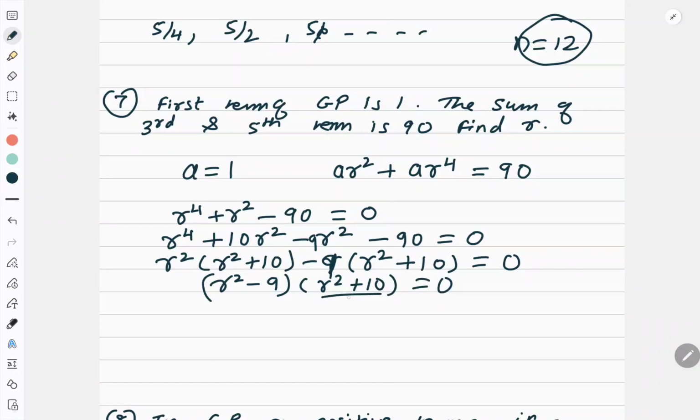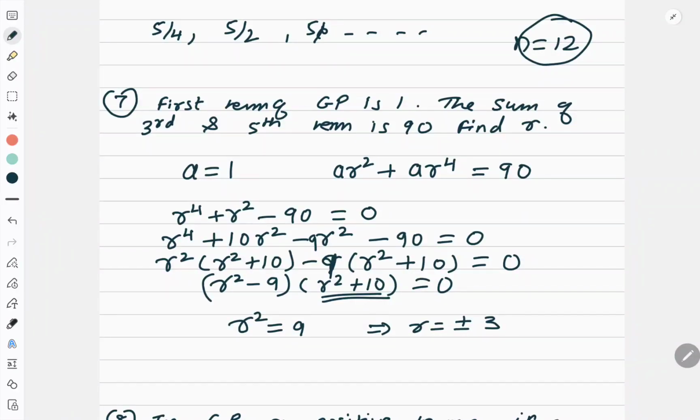Now clearly r square plus 10 cannot be 0, because this will give r square is minus 10 and I cannot find the square root of a negative number. Right? This you can say till now. After reading complex numbers, you will say, yeah, I can tell. The second term is r square is equal to 9. This implies r is equal to plus minus 3.